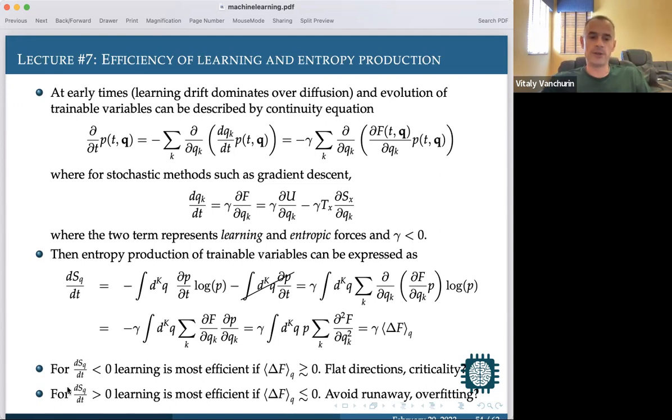Now, what you have here is a greater than zero entropy production. So it seems like you're getting more and more solutions possible. So there are a lot more states in the possible queue. But that means that you have lots of runaway solutions, and you may explore that phase space, and then you may get to solutions which have nothing to do with the actual data set, but only have to do with a particular subset of the training data set.